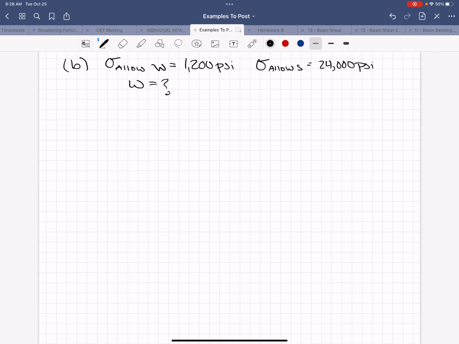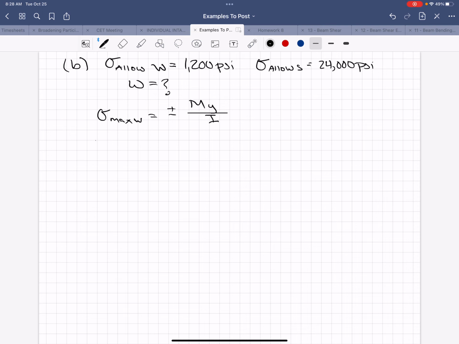states. So if we look at sigma max for the wood equals plus or minus My over I. We don't need an n here.